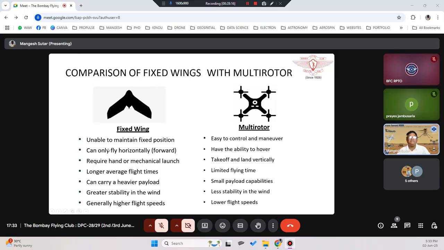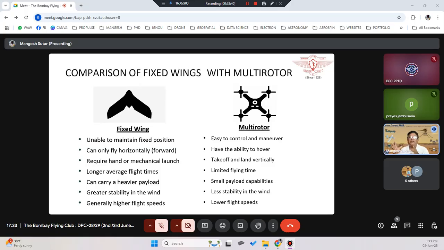So these are the advantages. If you have more wind, your fixed wing can still stabilize and fly smoothly, but your drone will try to drift. If there is a heavy wind, the drone will always try to drift, so it has to always compensate by controlling the motors or rotors or propellers, which will eat up a lot of your endurance capacity.